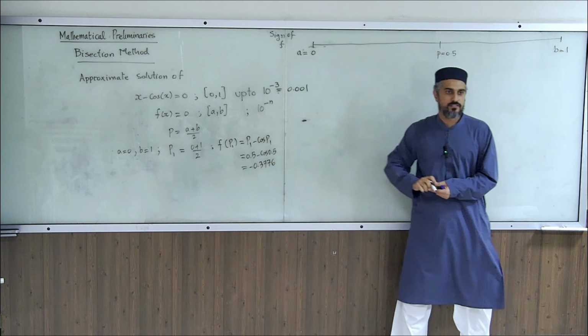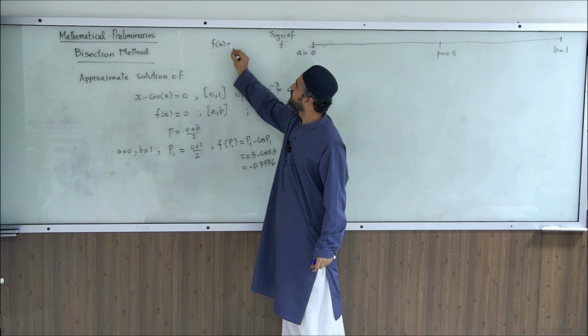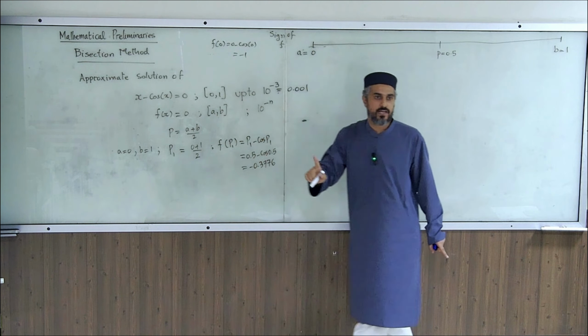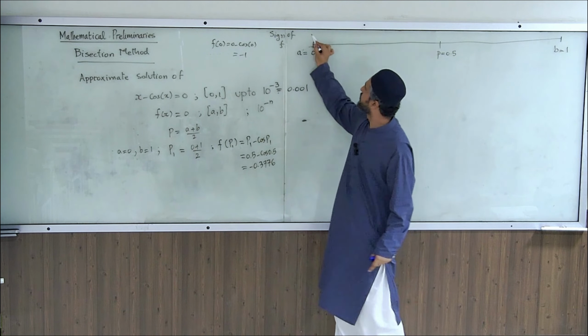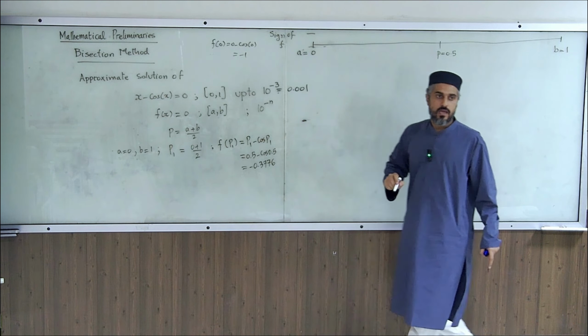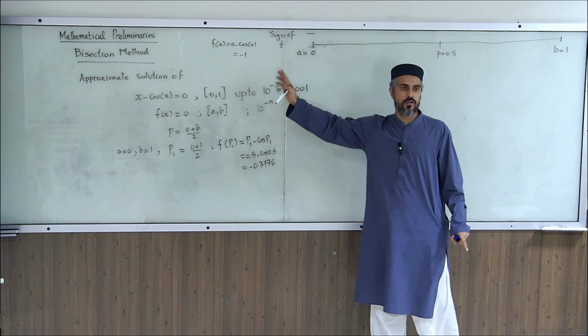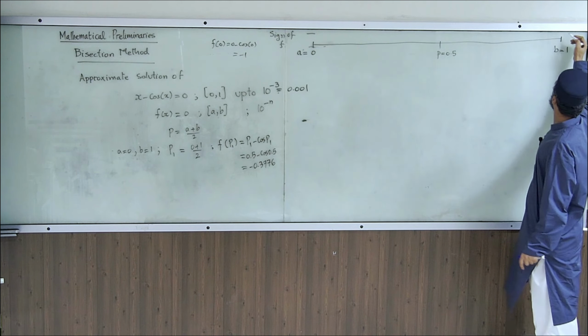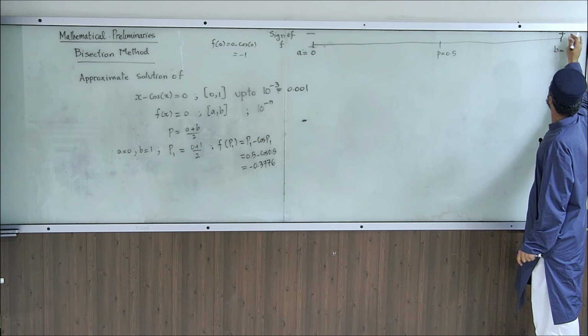Let's see what is the function sign at 0. Hopefully you remember f of 0 was 0 minus cos 0, so it is minus 1. It was negative. The sign is negative. And what was the sign at 1? It was positive, 0.4 something. So it was positive.